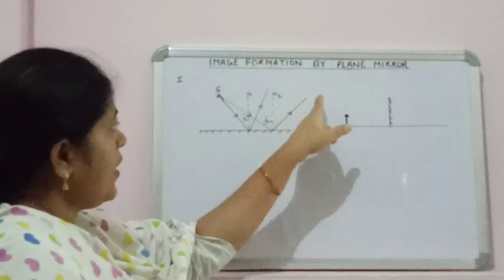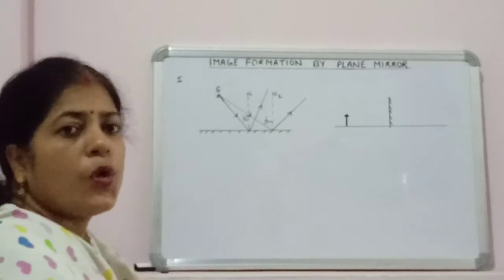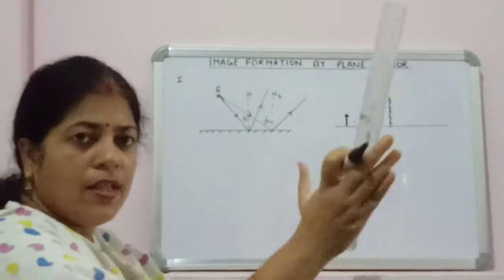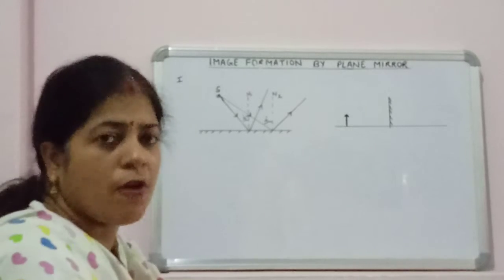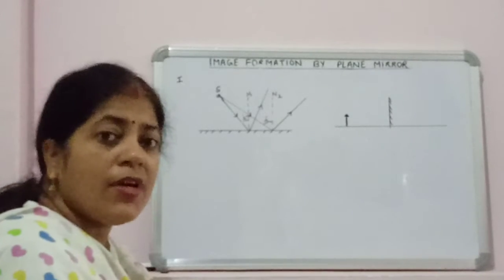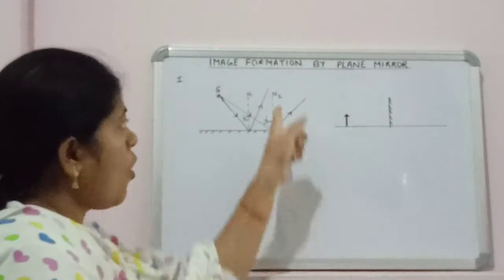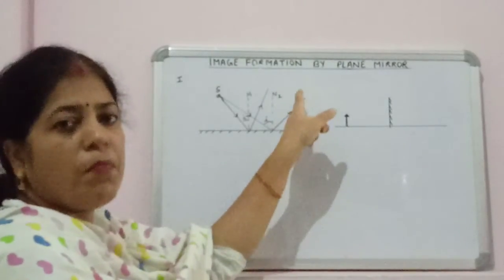Now you can see here these two rays are going away from each other. It is known as divergence of rays. The rays are diverging away from each other, so they are not going to intersect in front of the mirror.